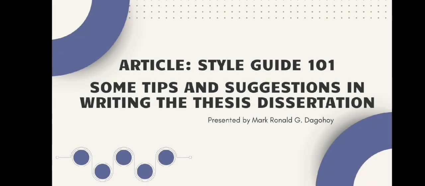This report titled Article Style Guide 101 offers tips and suggestions for students and researchers on the process of writing a thesis or a dissertation. It acts as a foundational guide to help authors navigate the academic requirements and formatting standards necessary for producing a successful final research document.